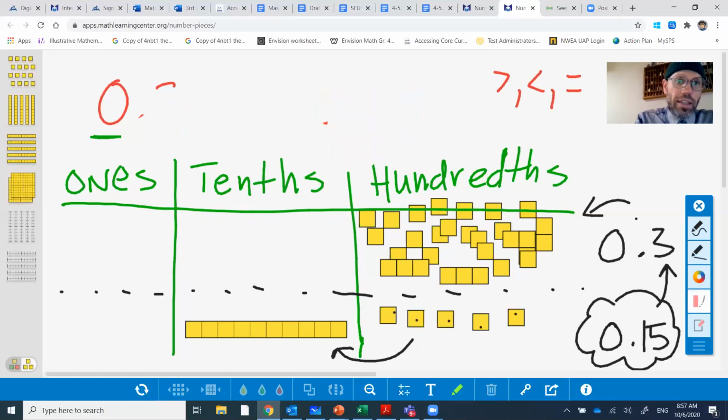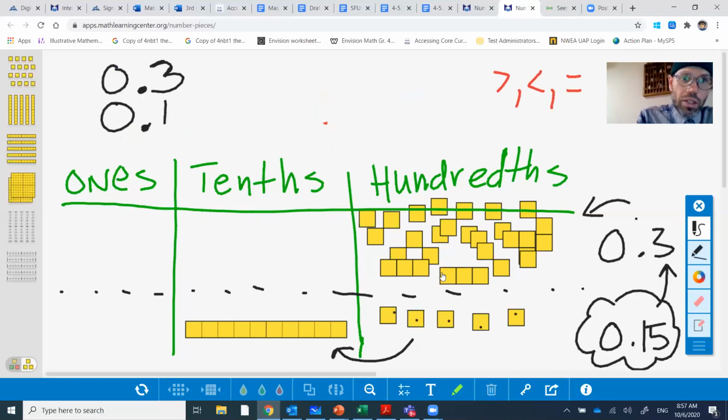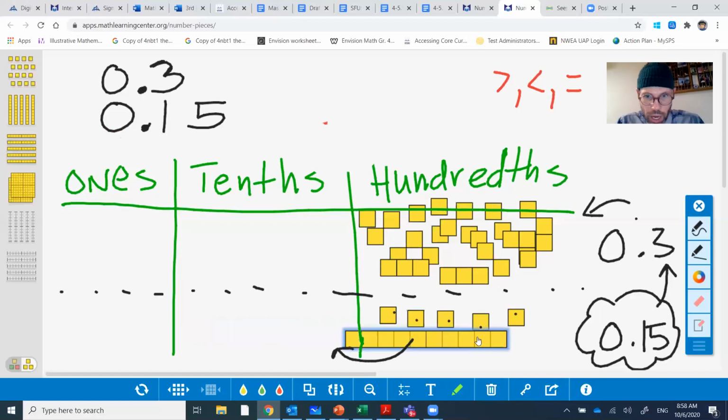So one way we can really start to compare value, and I'm going to erase these so we can see them, I'm going to go back to stacking them on top of each other, is if I have 3/10 and then just 1/10 and 5/100, which again, I could also take this 10th and break it into 10 hundredths and put them over in the hundredths.